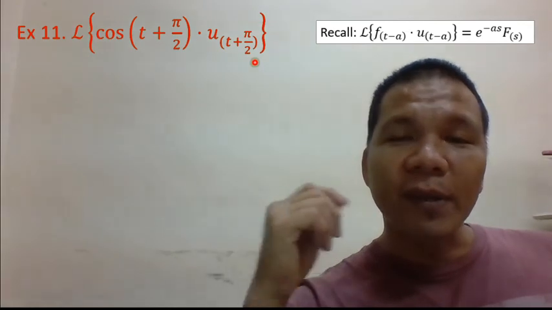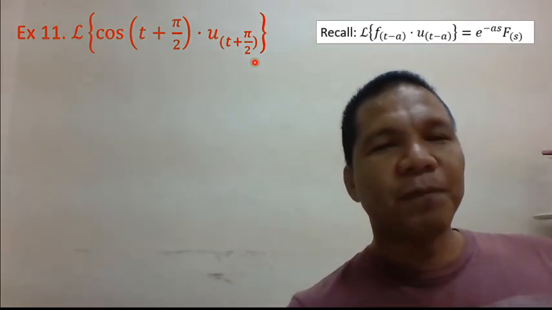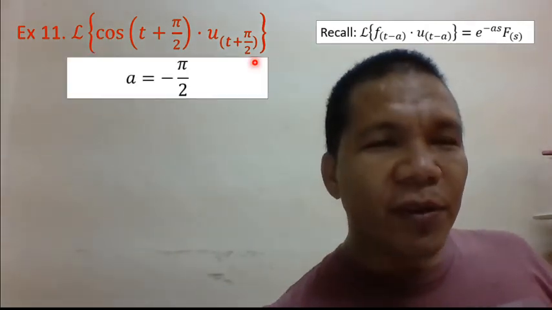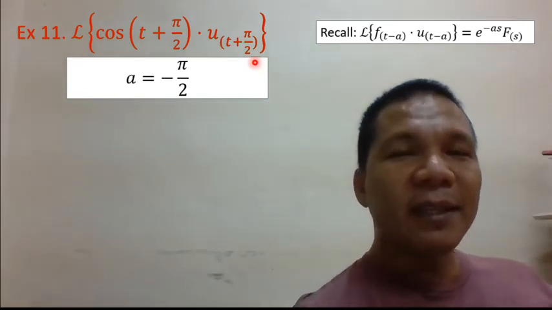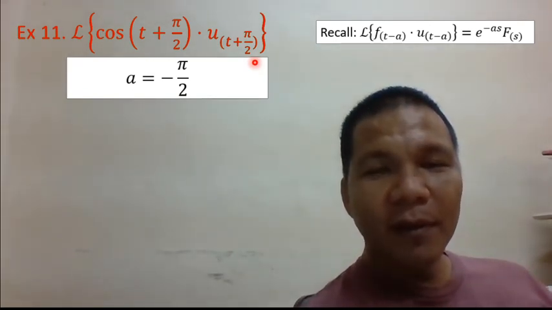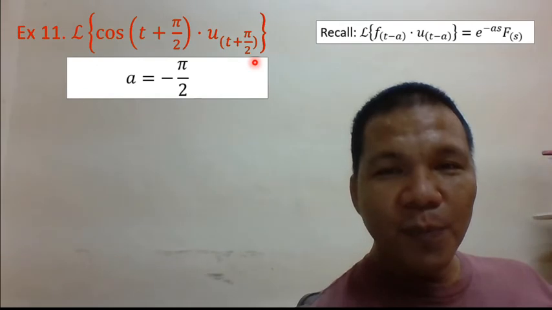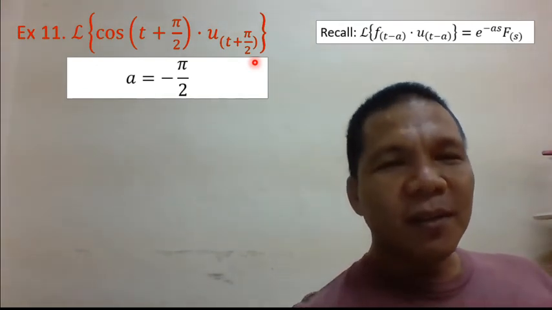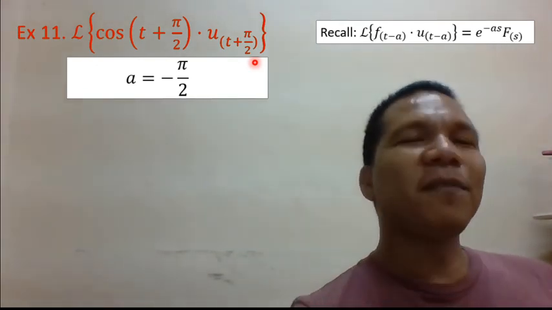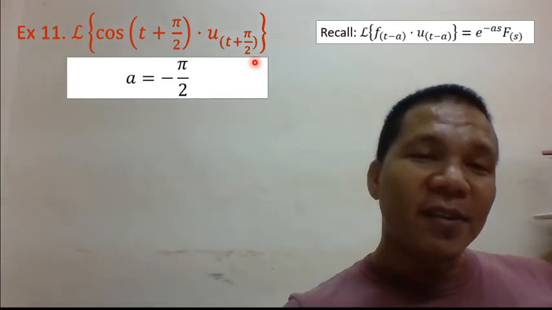All you have to do is identify what is a. So let's solve the problem. In this case, a is equal to negative pi over 2. Why negative? Yes, correct. That is your a.